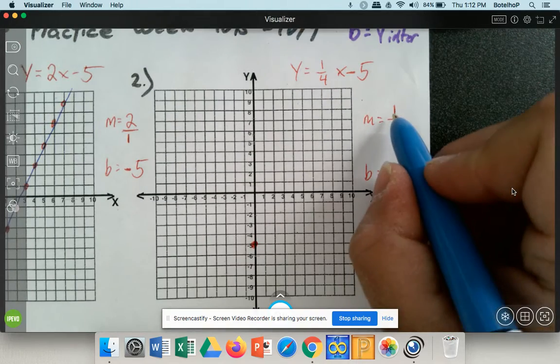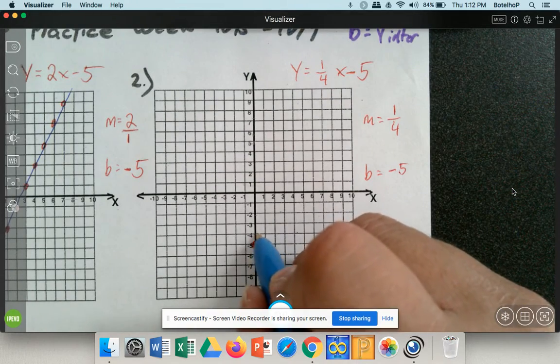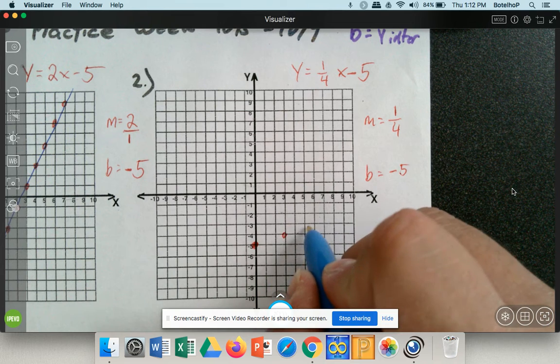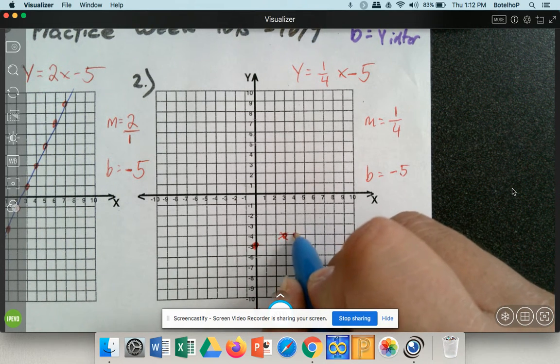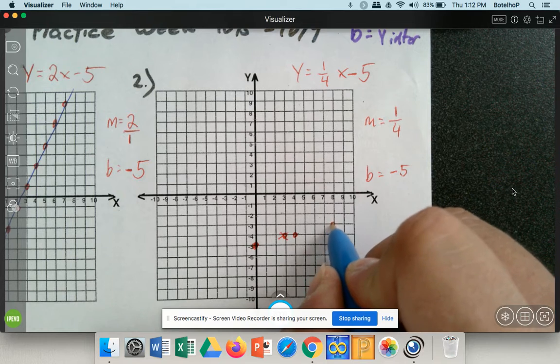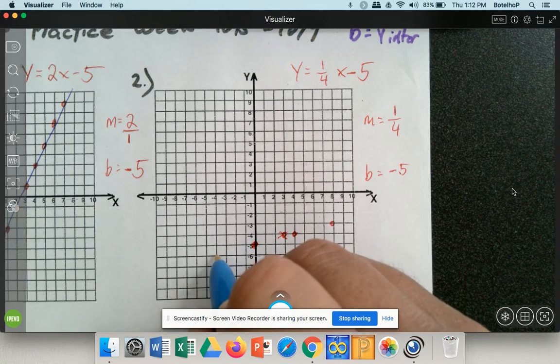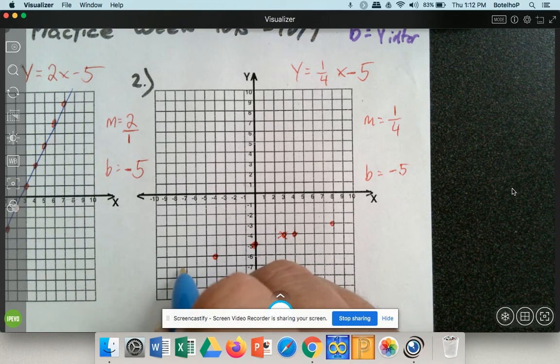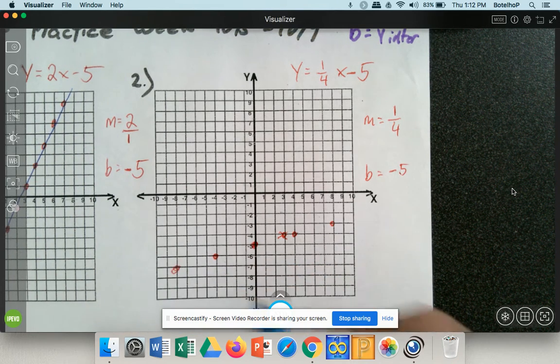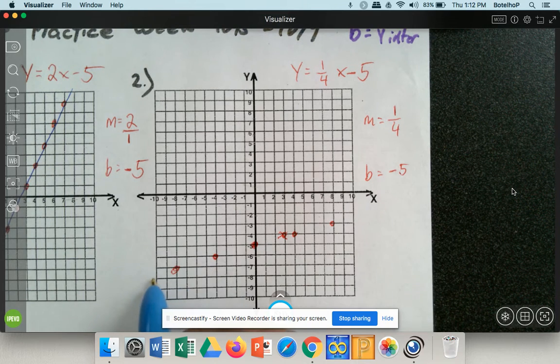With this slope, hopefully you went up 1/4, up 1/4, and then you go down 1, left 4. I always go opposite to go in the other direction, down 1, left 4. So your line, if you did it correctly, should look like that.